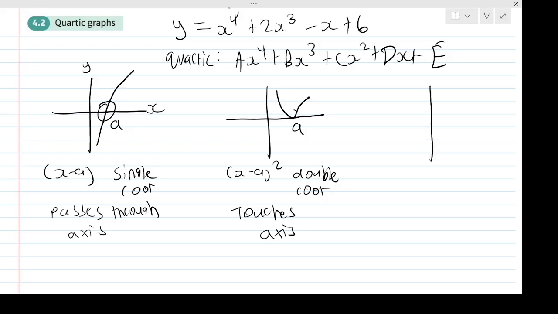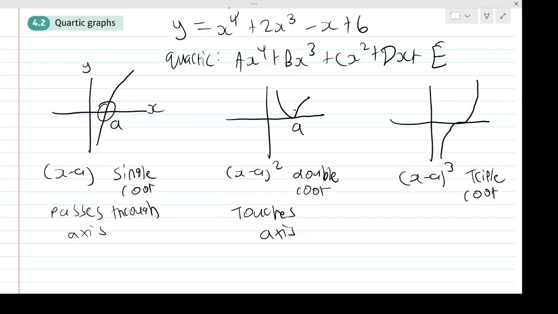And then when we have a factor cubed, that'd be a triple root, or technically a triple repeated root. In that case, it forms something called a point of inflection. So it looks like the x cubed graph, right? We go up, but then eventually, instead of just passing through it, it kind of levels off at that point, and then starts to go back up again.